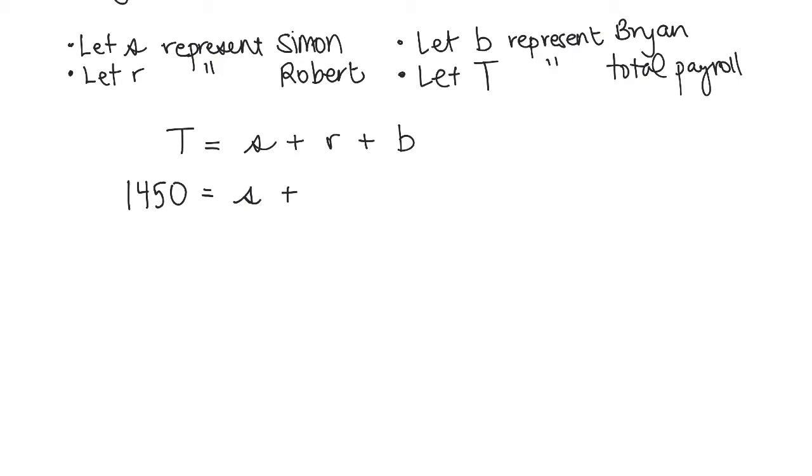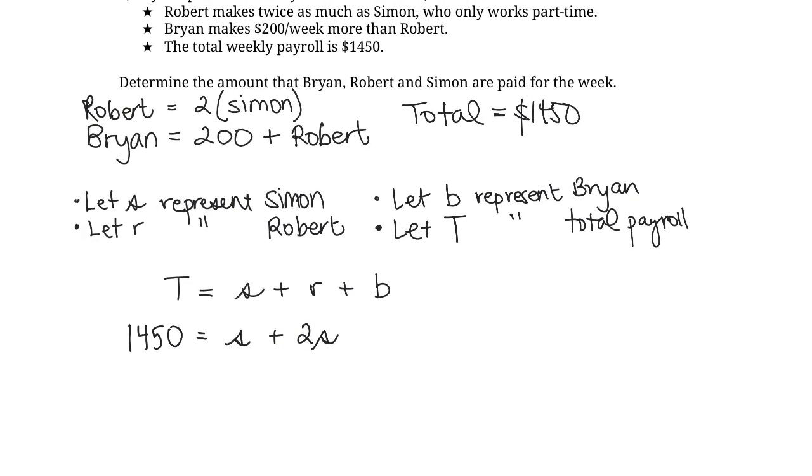Got a plus sign. Now, we do know some information about Robert. We know that Robert is 2 times or twice the amount of Simon. So we're going to replace the letter R with a 2S. Okay, because remember we did say that Robert makes twice as much as Simon, or 2 times Simon.